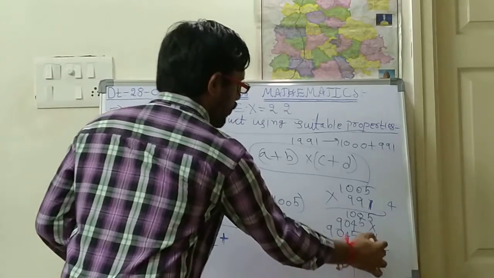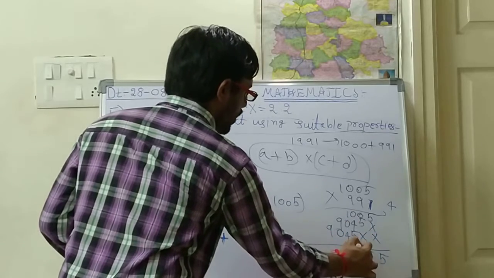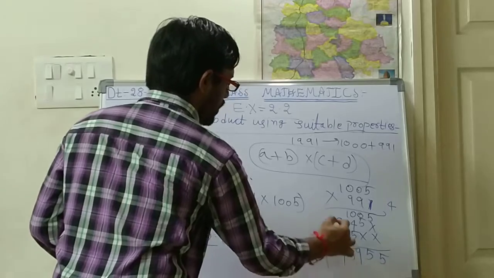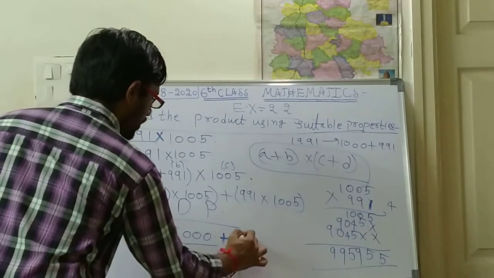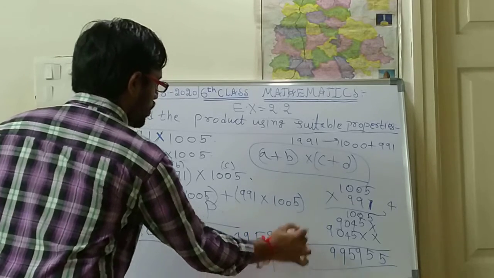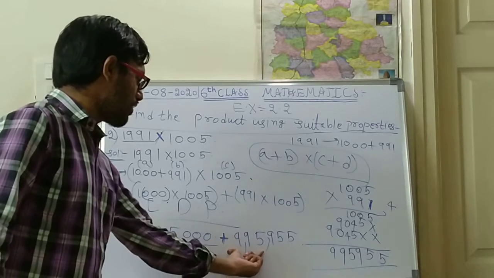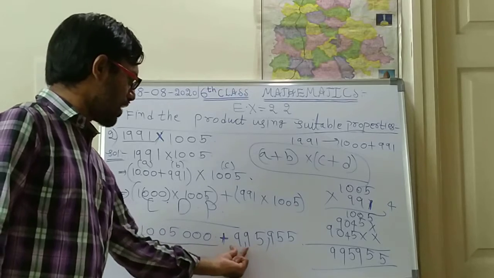So now what is the addition? 5, next 5 4 9, 4 plus 1 is 5, 9 plus 0 is 9, 9. So what is the answer? 9 9 5 9 5 5. So here we got this as the answer, 995.